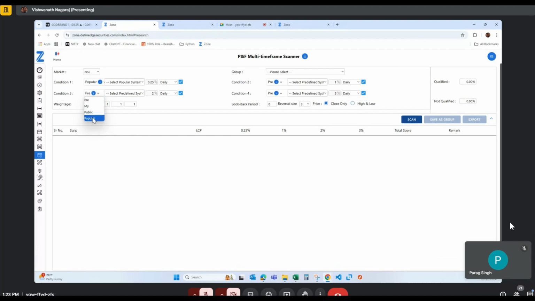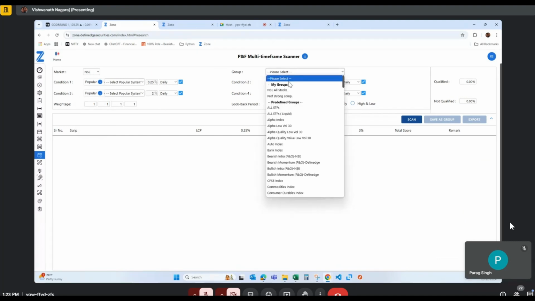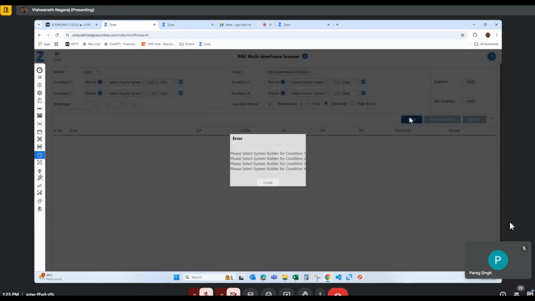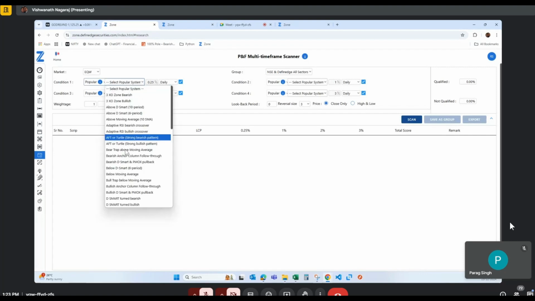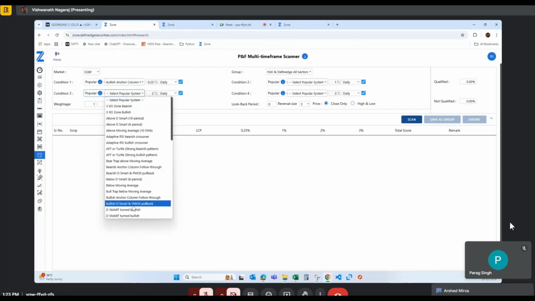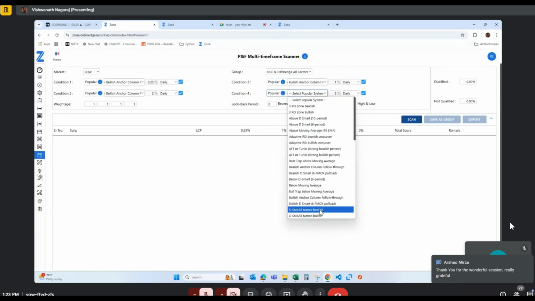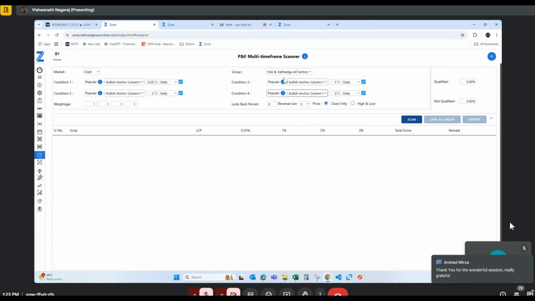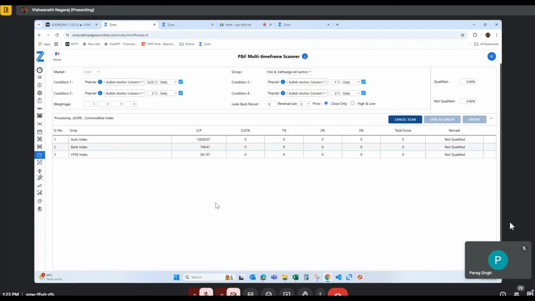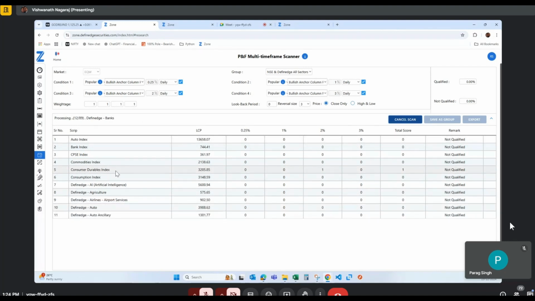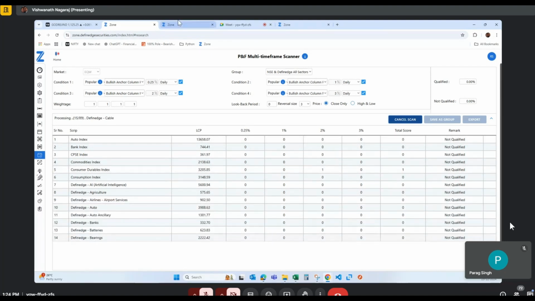I said, why not go at EQW, Define Edge sectors, all sectors, sorry, and use the same condition and keep it. Now this is NSE and Define Edge sectors. I want to see where the bullish anchor column follow-throughs are and which are the sectors that are coming. For example, consumer durables at 2%.